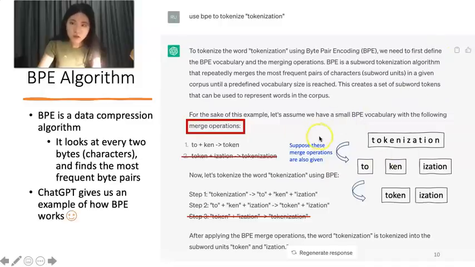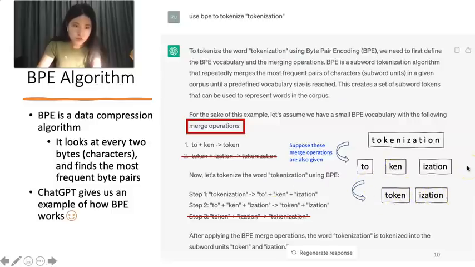And here, according to the merging rules I just mentioned, T and O will become "to," and K, E, N become "ken," I, Z, A, T, I, O, N become "ization." And furthermore, we have this rule number 1 here. Then "to" and "ken" will further become "token."